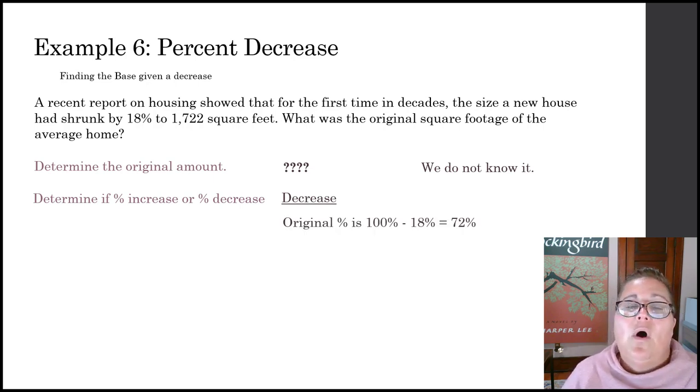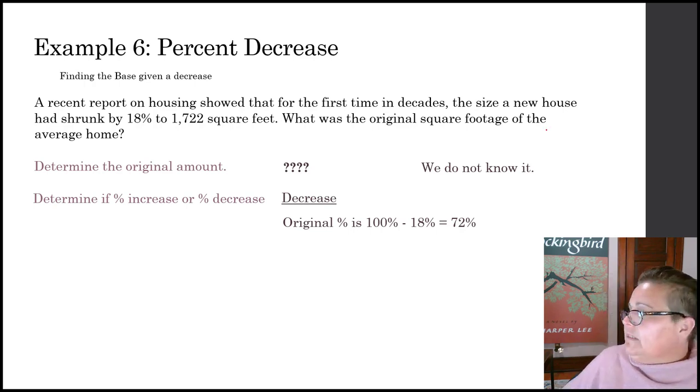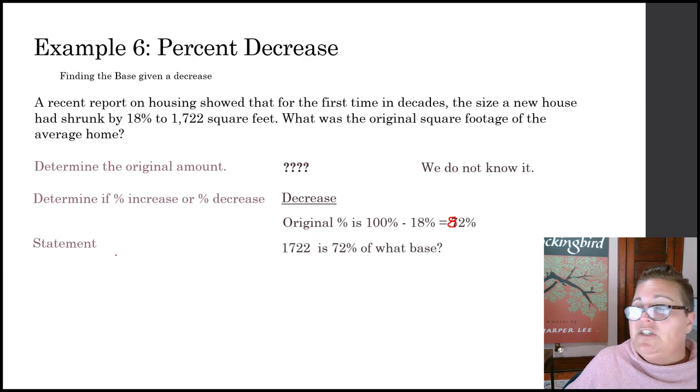So our original is going to be 100% minus the 18%, or 82%. Now, this gives me our statement, which should read 1722 is 82% of what base?